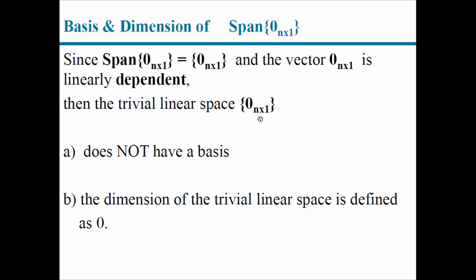Well, for sure this person cannot be in a basis, and this is the only candidate because this space has only one person inside, and that person is no good because it's dependent. So this set actually doesn't even have a basis. So in this case we define its dimension by saying it's 0. It's like having nobody in the basis. So this is a very special case, span 0, the 0 space or trivial linear space. It doesn't have a basis and its dimension is 0.